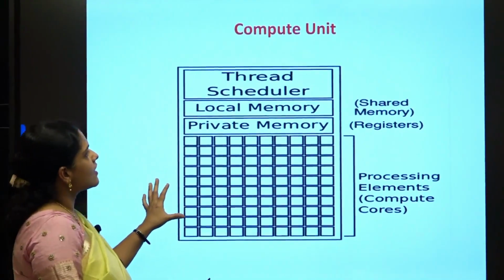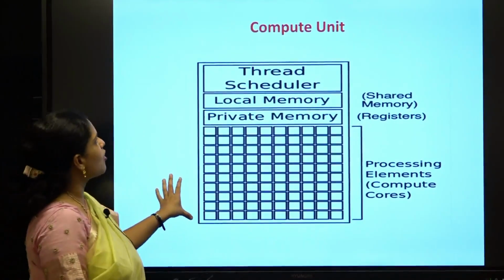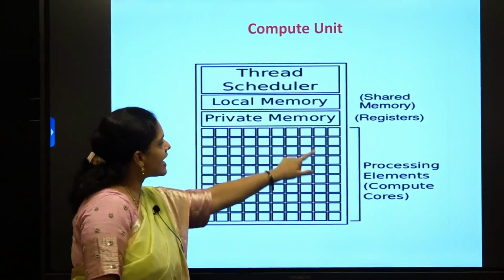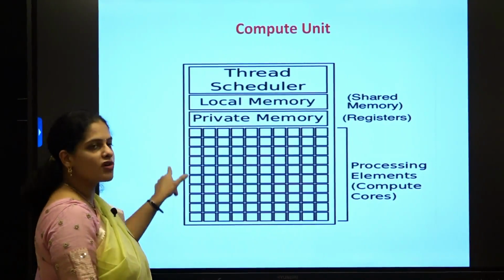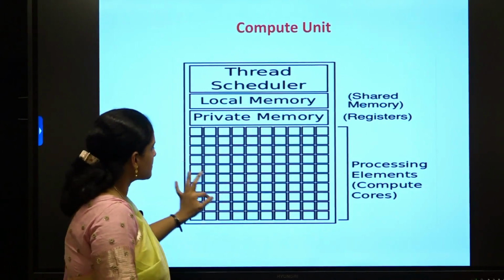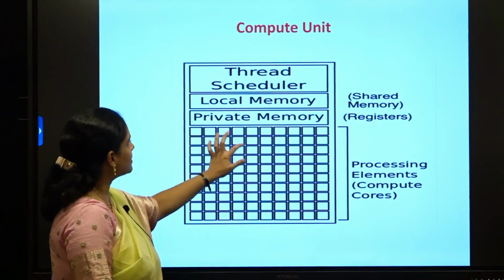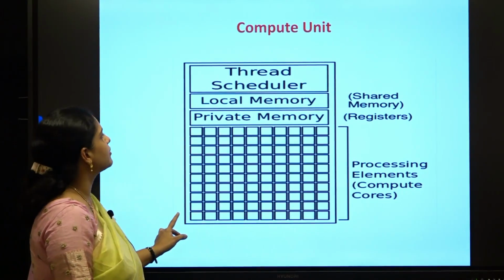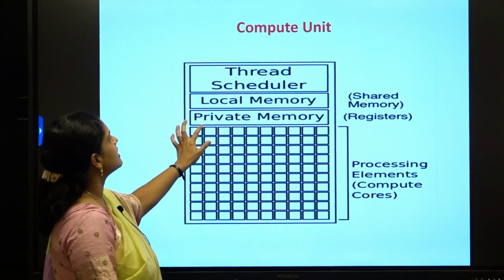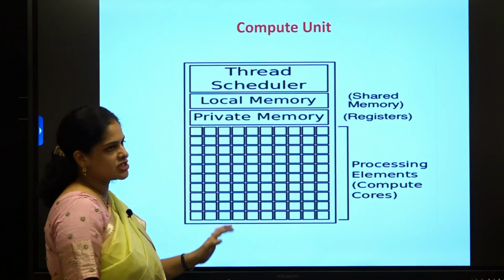This is the internal diagram of a compute unit. Each compute unit internally has multiple cores present in it, and it has its own private memory, a local memory and a thread scheduler.